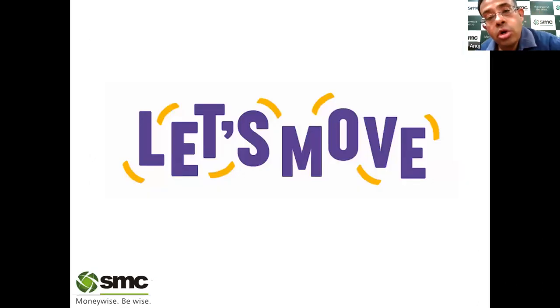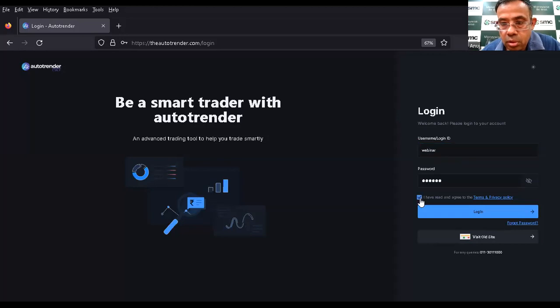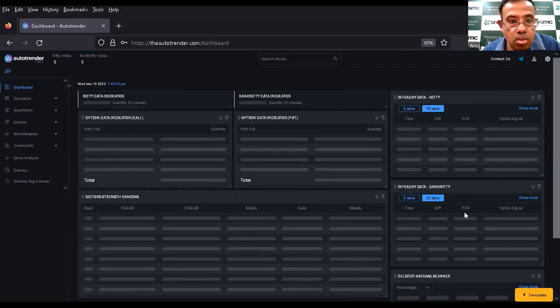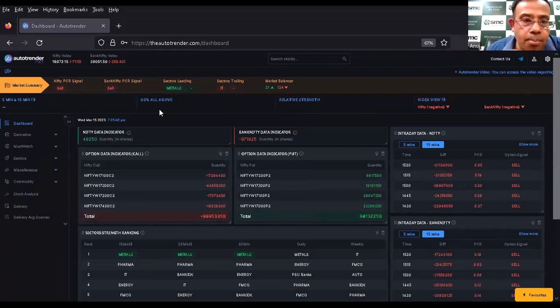So let's move to our software and check how we can take advantage of it to analyze the markets. As you can see over here, there are many inputs given. Some of the inputs are from the stock perspective, and certain inputs are really to make you understand the market movement.